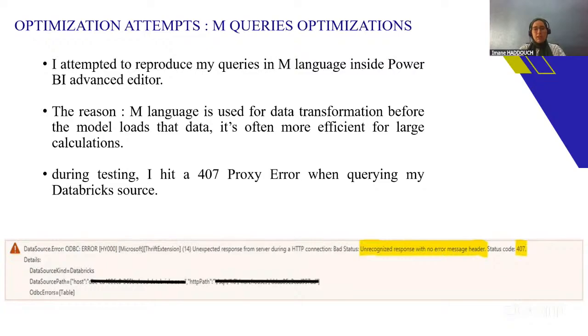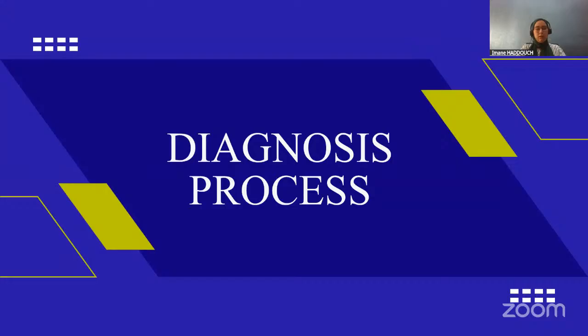So while running this code again, I found another error, the 407 proxy error while querying my code. Let me explain this error. It means that my request to data access was blocked by the proxy server. It's often due to authentication or network configuration, but in my case, it's due to some query incoherence. Let's see it on the next slide.